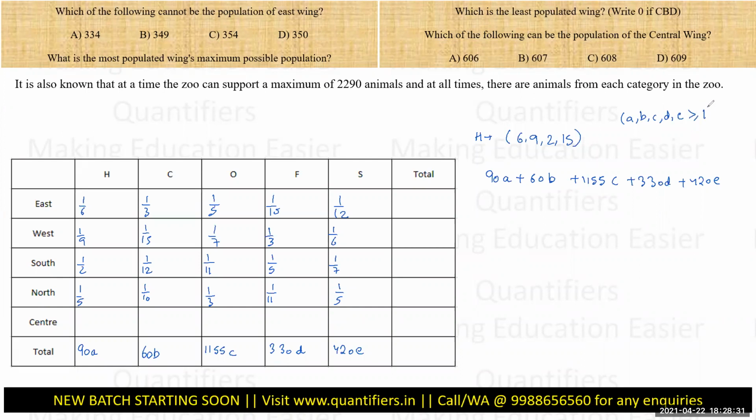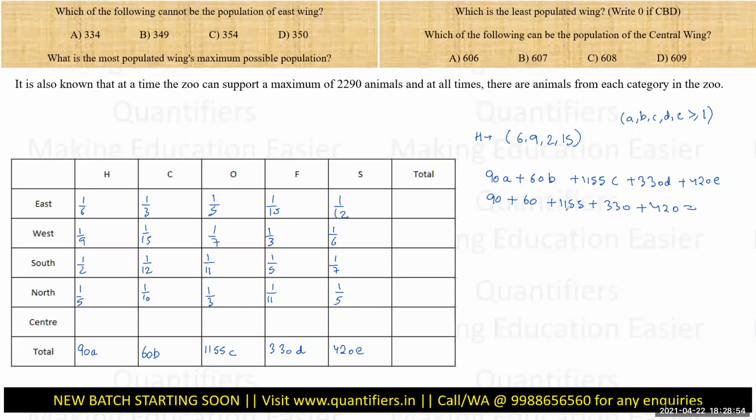This is for sure. So even if I take one for each, I have to get some number. Let us see what number I can get: 90 plus 60 plus 1155 plus 330 plus 420. What is the minimum number I am getting from this? The minimum number I can get would be the total of this.